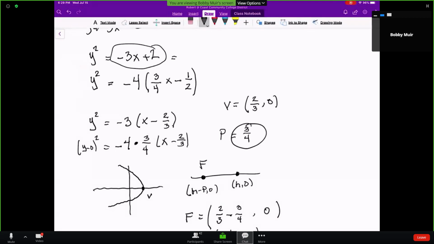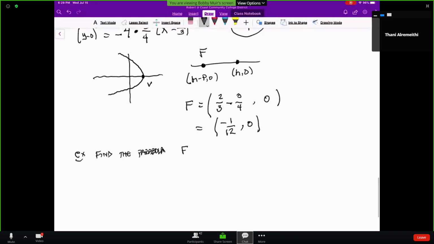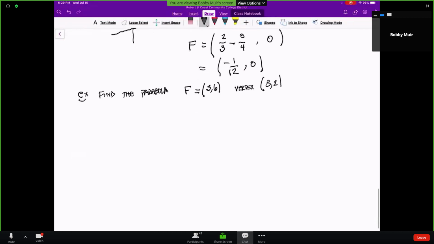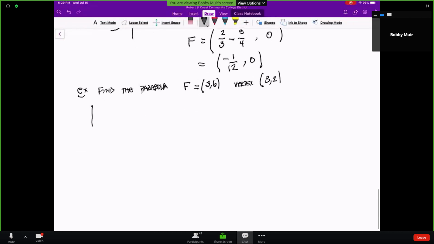Okay. So I'll give you this information. Ready? The parabola has the focus at the point (3, 6), and it has its vertex at the point (3, 2). Okay, so drawing a picture real quick here.